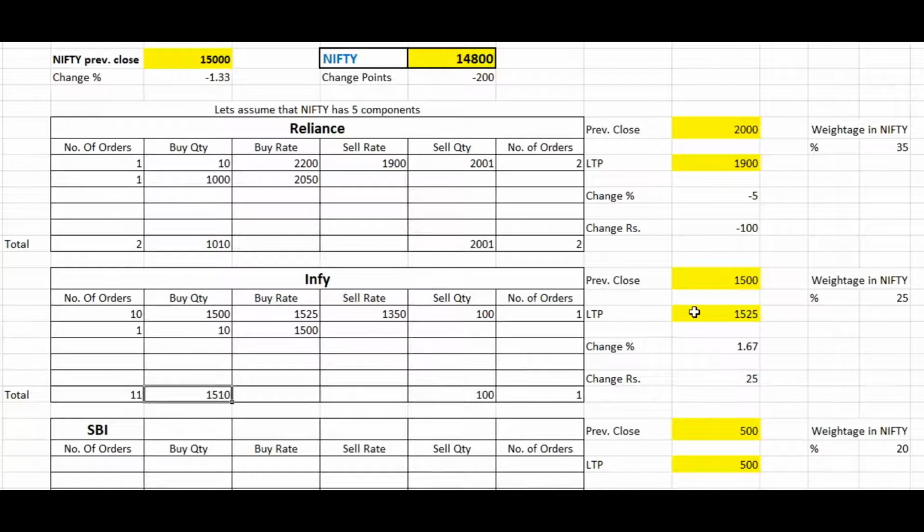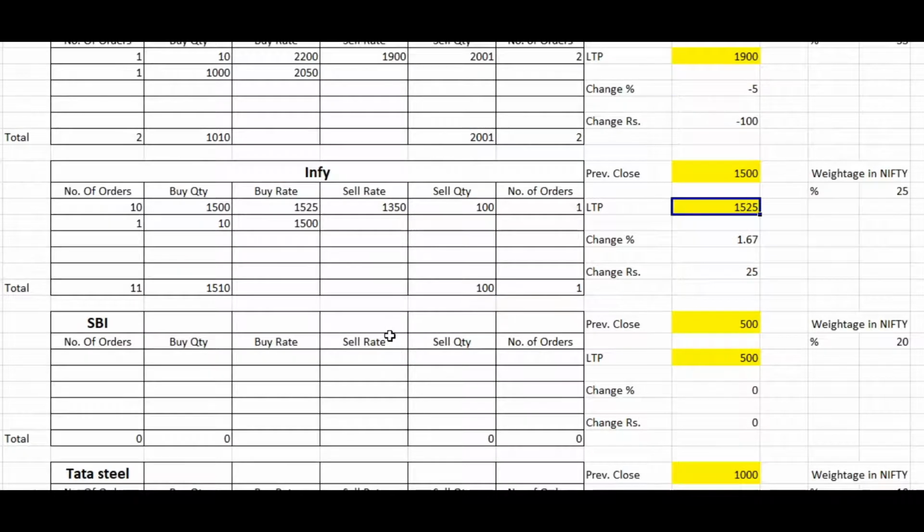Again 1520 will be the LTP, not lower than that, because the sellers are fewer than the buyers. So these rates will be holding. The pending quantity of 1410 alone will move to the normal market after 9:15. Now I'll update the rates in all the other stocks.